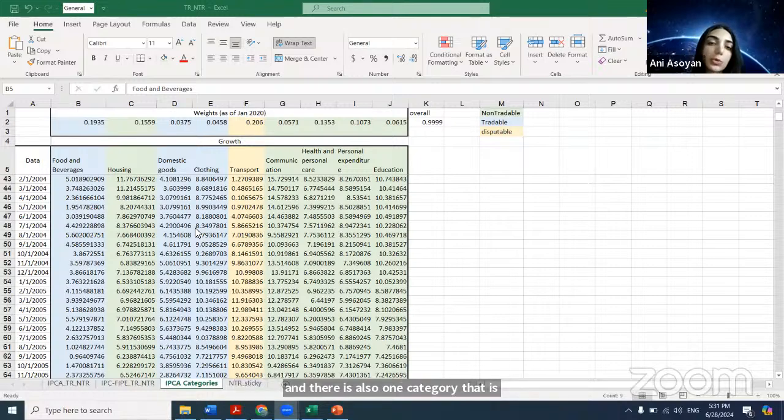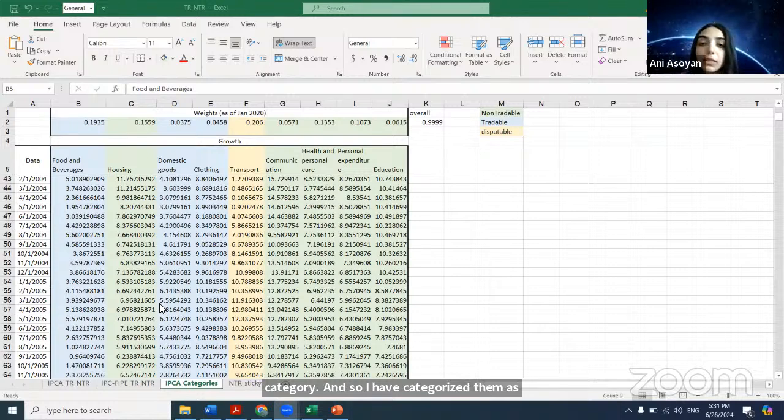This is the transport; the issue is that I am not certain if it includes the fuel prices or not, and so that's why I have it as a disputable category. I have categorized them as tradables and non-tradables, as you can see.